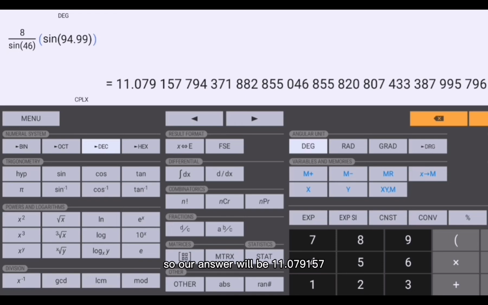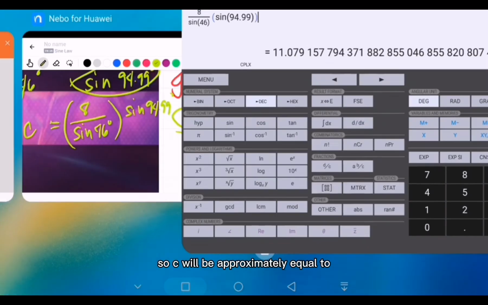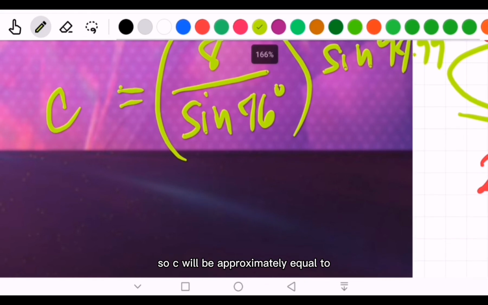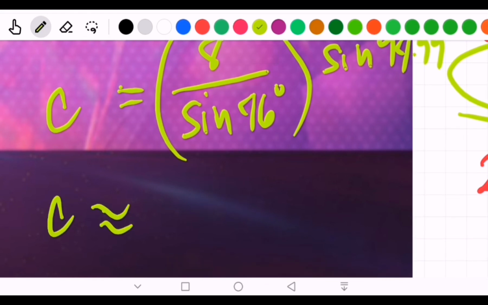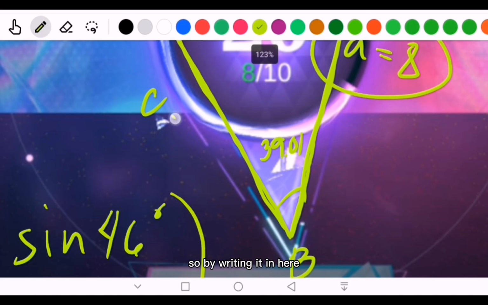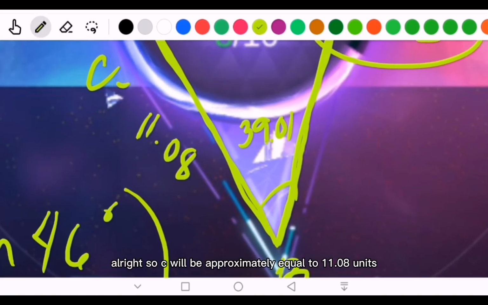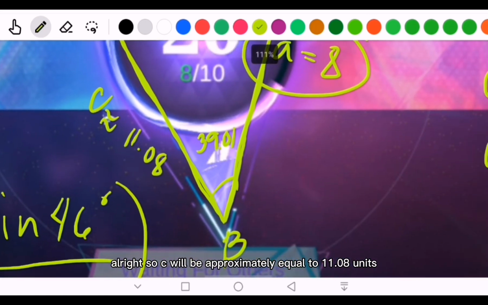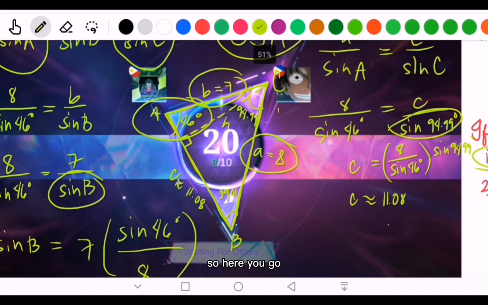So our answer will be 11.079157, or rounded off to the nearest hundredths, that is 11.08. So c will be approximately equal to 11.08 units. So here you go.